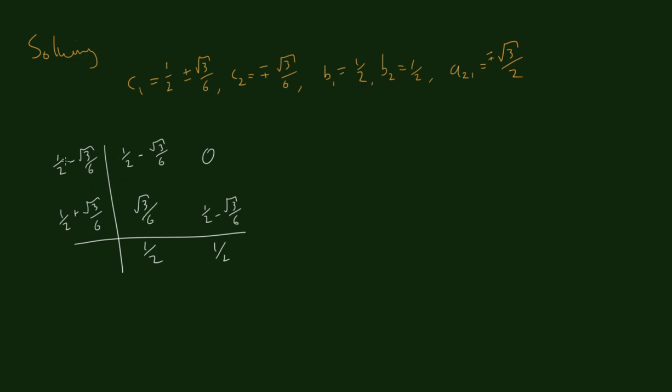We'd have the equivalent method if we just change all of these signs. So this is a two-stage, third order SDIRK method.